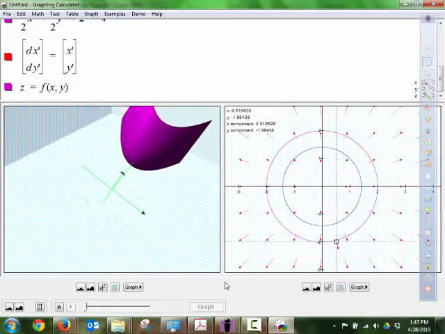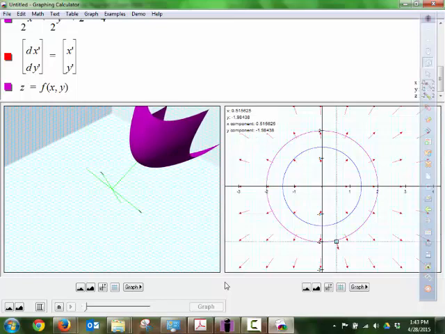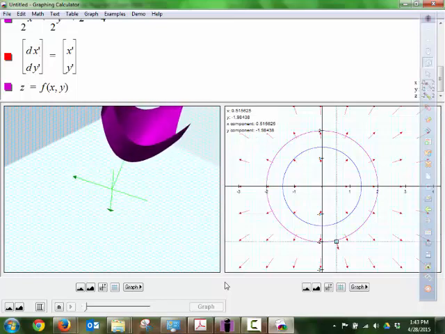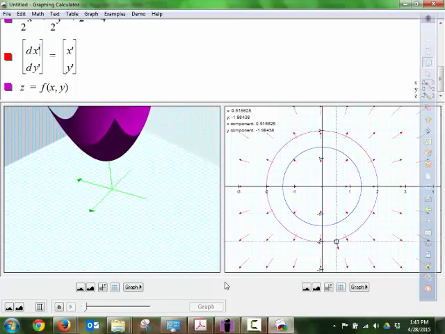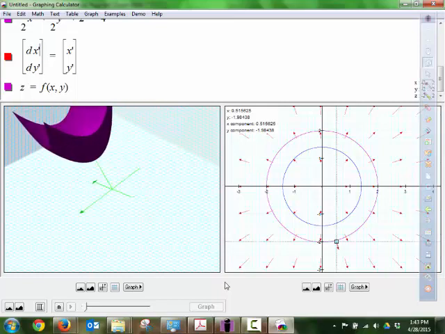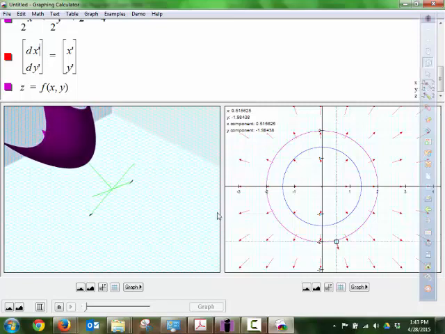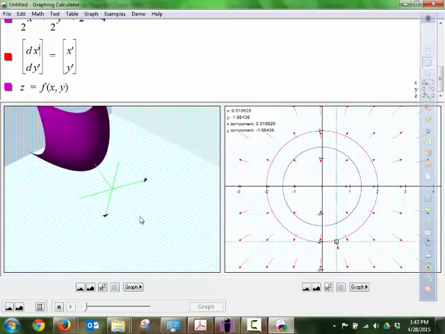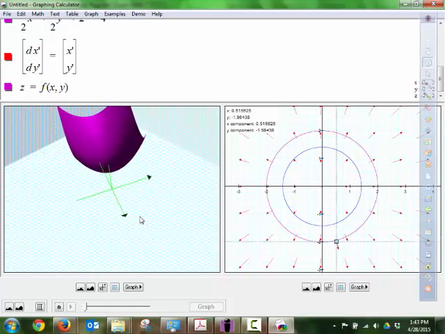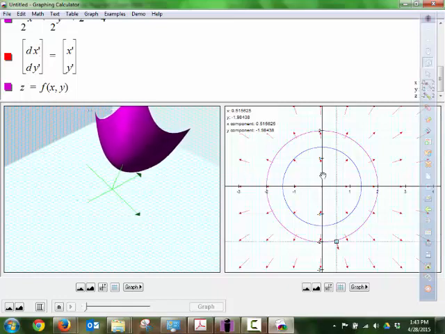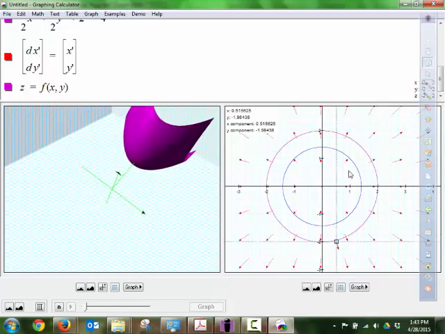The surface is 3-dimensional, and the gradient that we have here is 2-dimensional. So my answer to that would have to be no. This picture? No, this picture is totally 2-dimensional. The vector is still 2-dimensional.